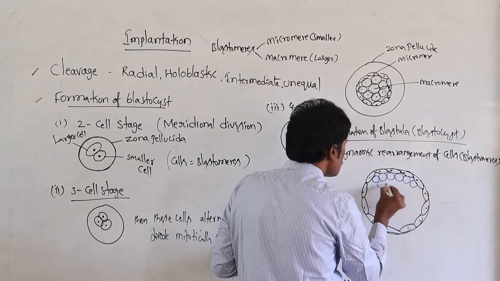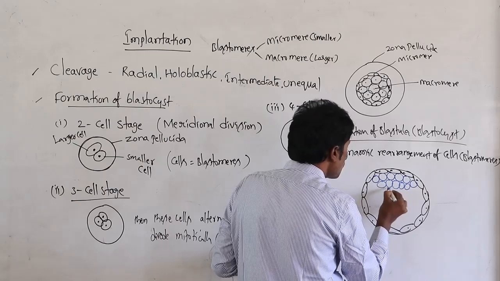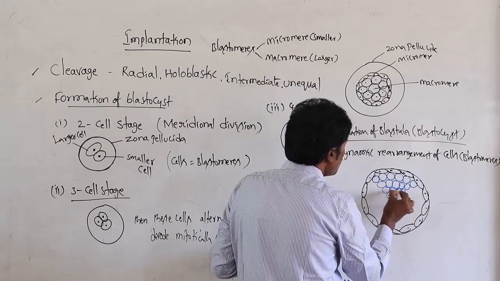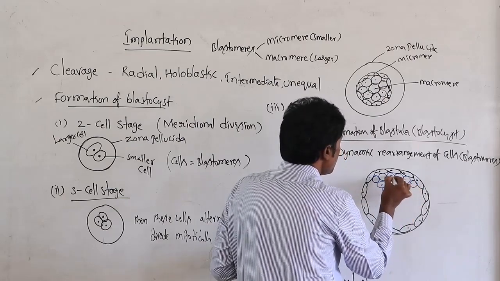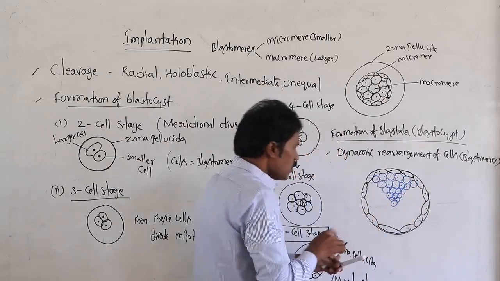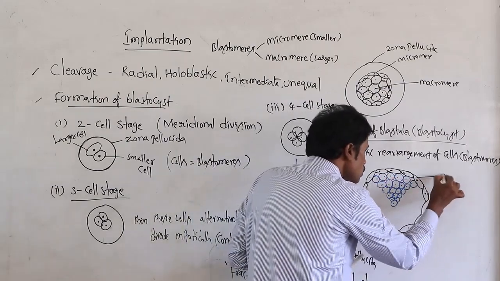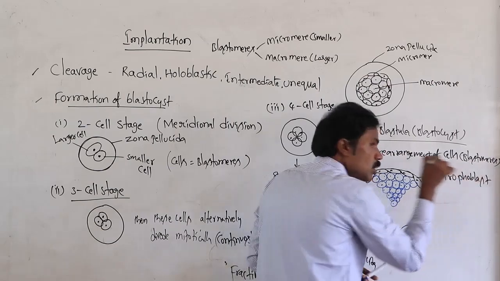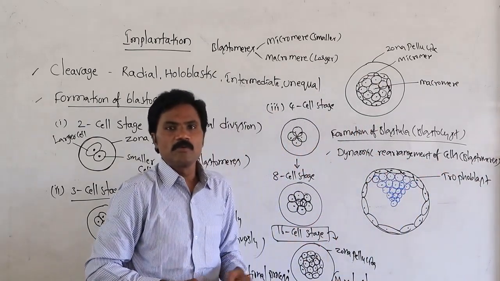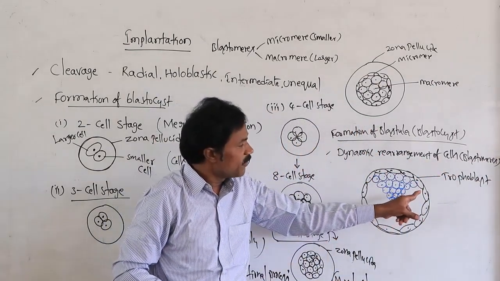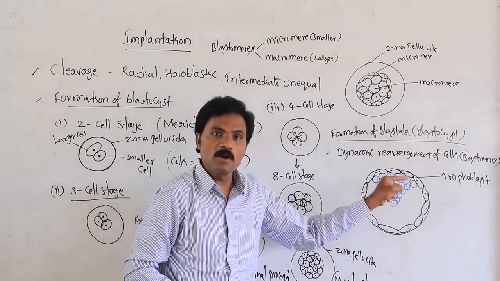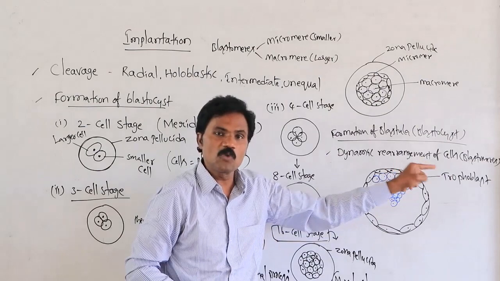This outer layer forms the trophoblast. That is an important exam point of view: which type of blastomere is converted into trophoblast?